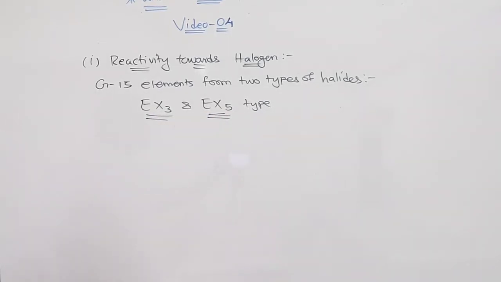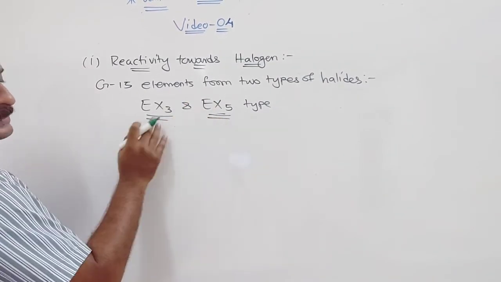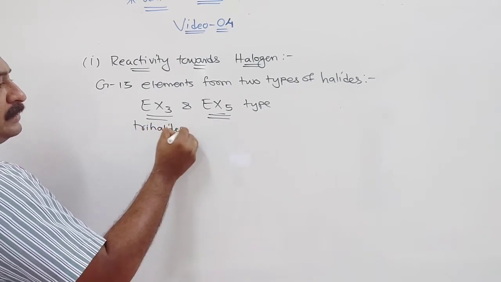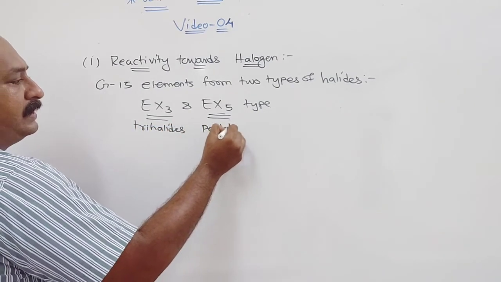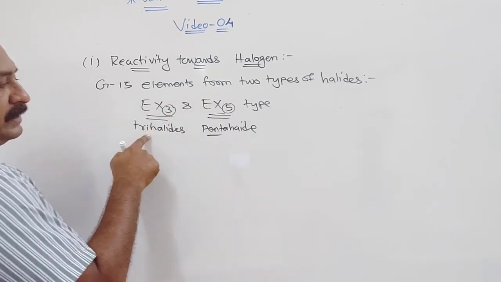Okay, now the next part. These are called trihalides, and these are called pentahalides. Penta is for 5, tri for 3.